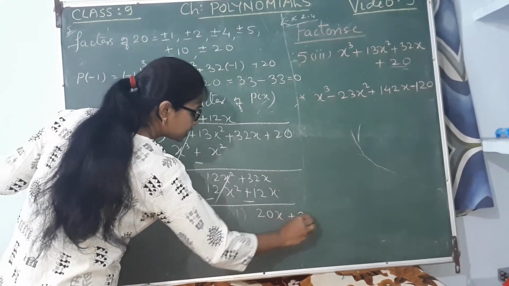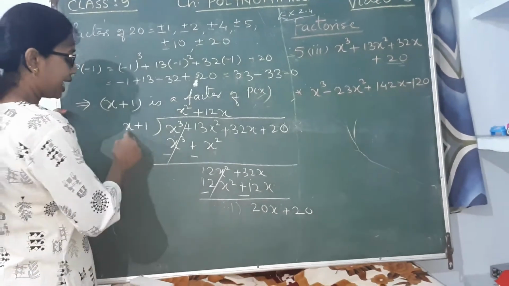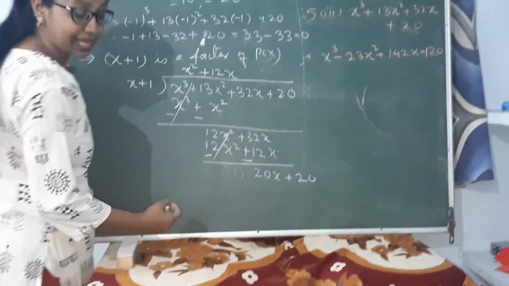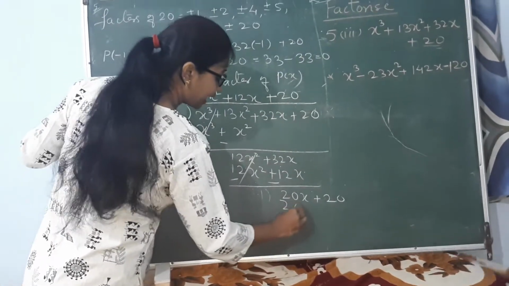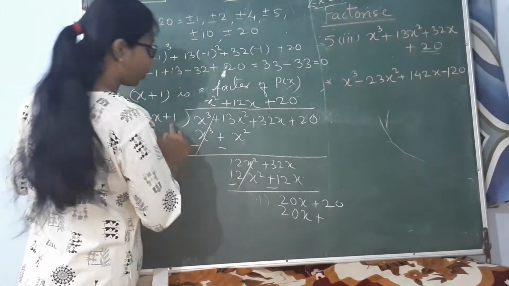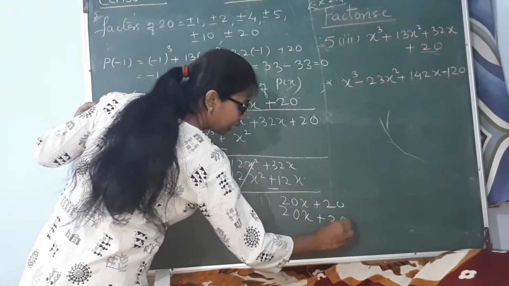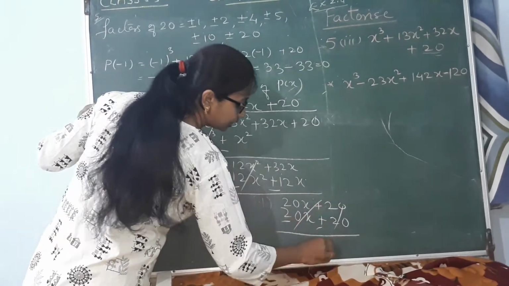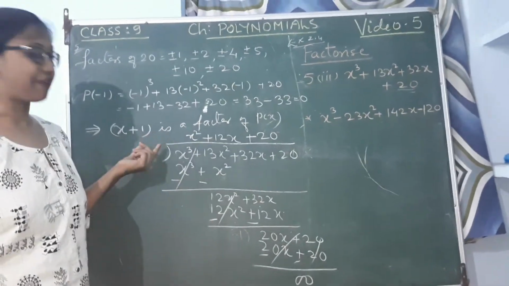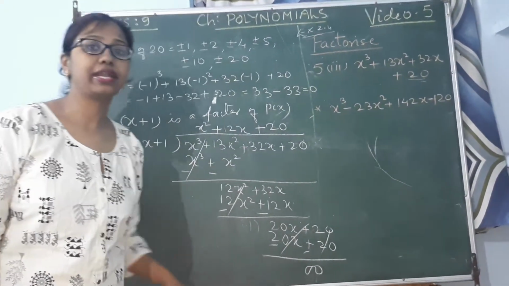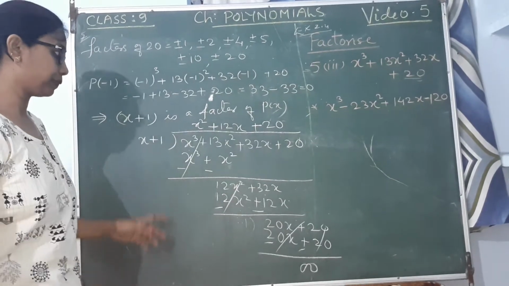The last constant term also note down. X into what gives you 20x? It is plus 20. So 20x plus 1 into 20 gives you 20. Change the sign. Both cancel. Already we checked that x plus 1 is a factor, so it's obvious that you are getting the remainder as 0.